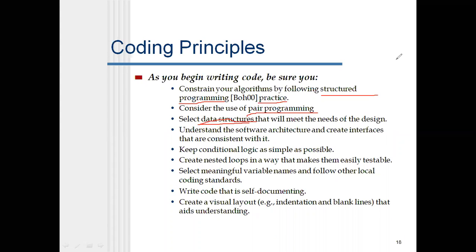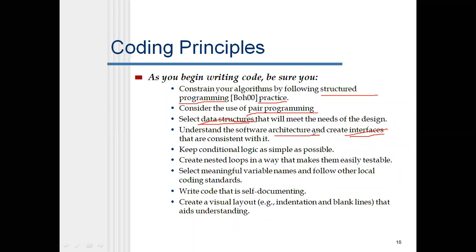In the software definition also, you will get this word data structure, to implement the problems. Coming to the next one, the fourth one: understand the software architecture and create interfaces that are consistent within it. We have discussed this word also, interface, user interface, isn't it?